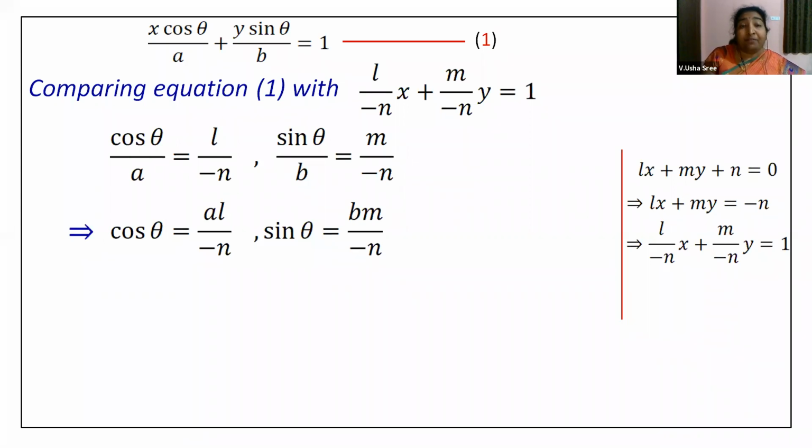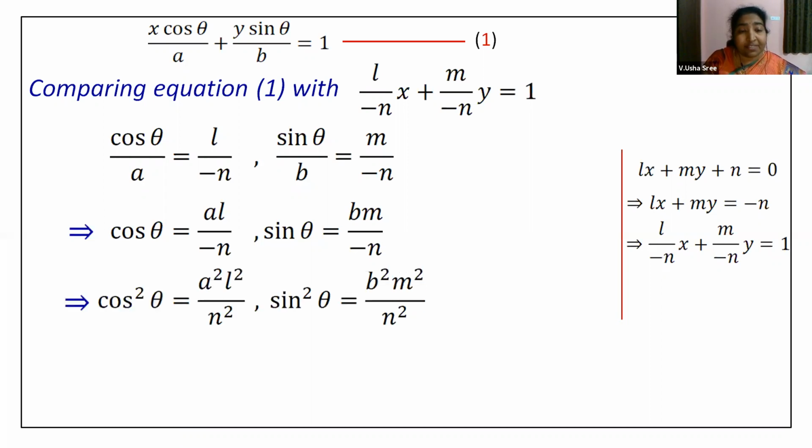Now, we will try to make use of the trigonometric identity cos square theta plus sin square theta equal to 1. For that, we will calculate cos square theta first and sin square theta also. So cos square theta will give you a square L square by n square, and sin square theta is nothing but b square m square by n square. Okay, this implies according to our trigonometric identity, we have cos square theta plus sin square theta.